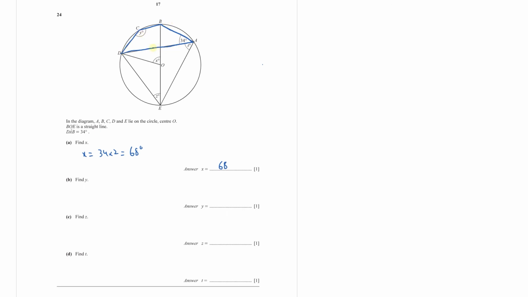And we know the property of cyclic quadrilaterals that opposite angles sum up to 180 degrees. So y plus 34 should be equal to 180. That gives you y equals 146 degrees. So y is 146 degrees.